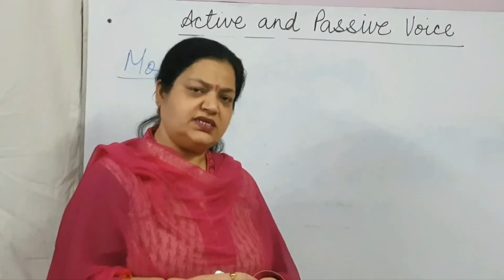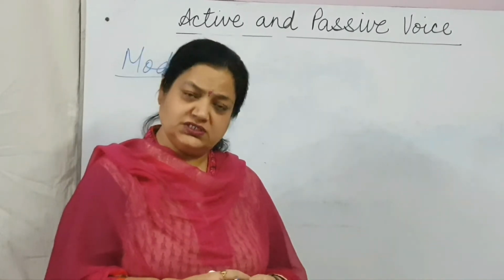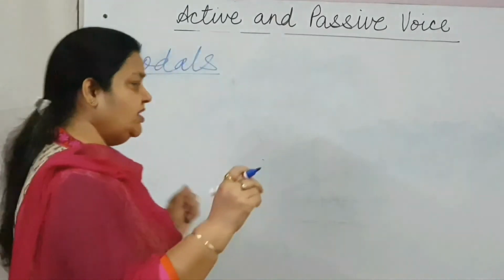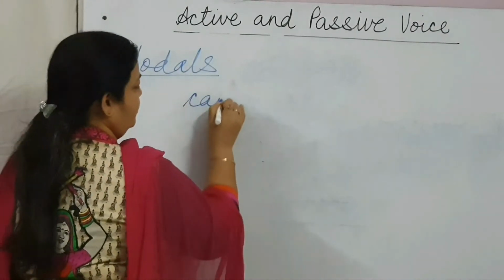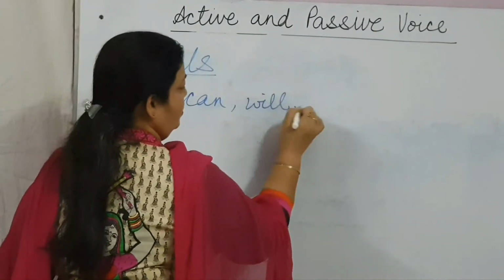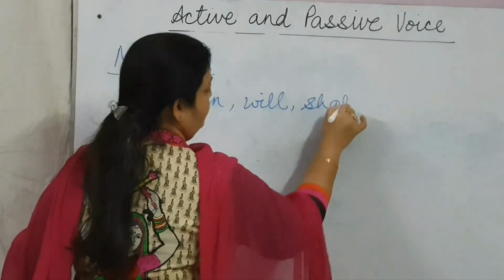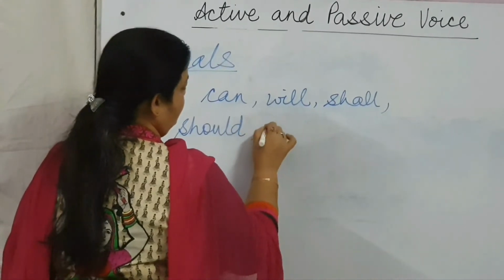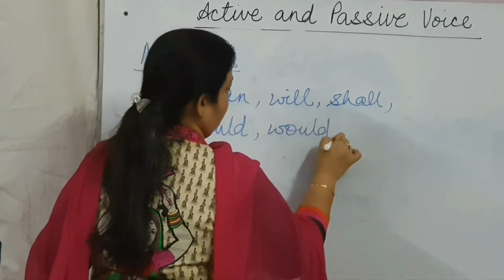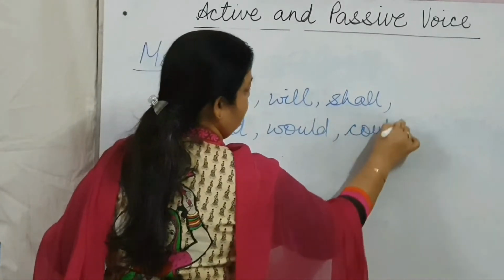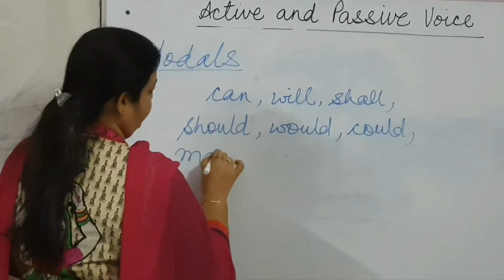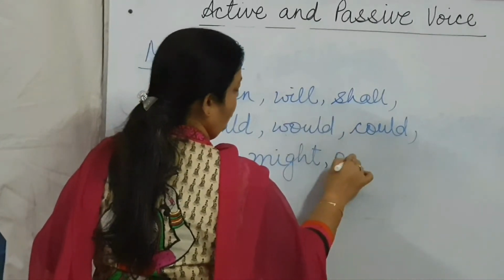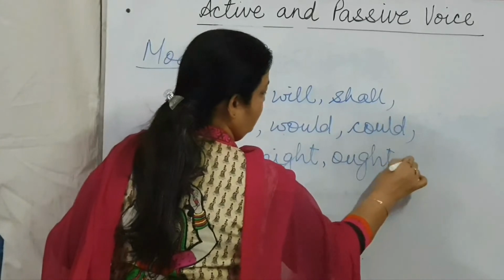Let us discuss some sentences which have modals in them. You remember I taught you modals earlier also. You have major modals such as can, will, shall, should, would, could, may, might, ought, must.